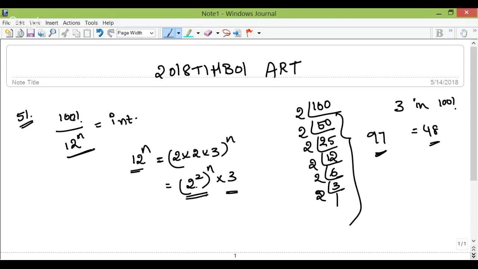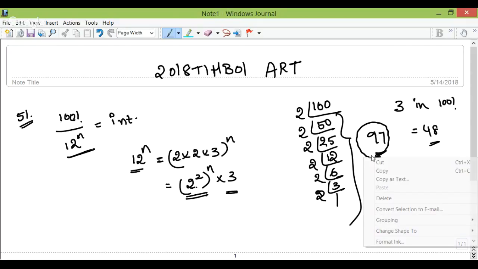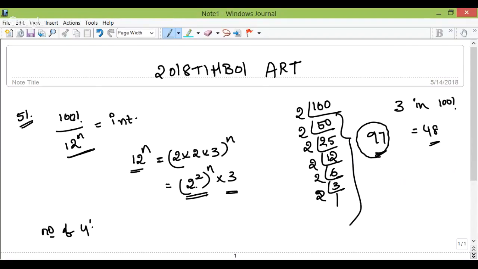Now, from these 97 2's, how many 4's can we form? The number of 4's we can form is 48.